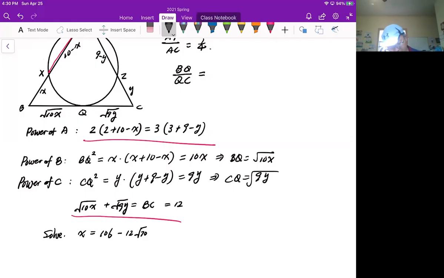So if you get an X value, you can get the Y value, and you can get everything. The final answer is a little bit tedious because it involves the square root of something, so it's not an easy computation. The final answer should be 2 root of 70 minus 5, divided by 17.